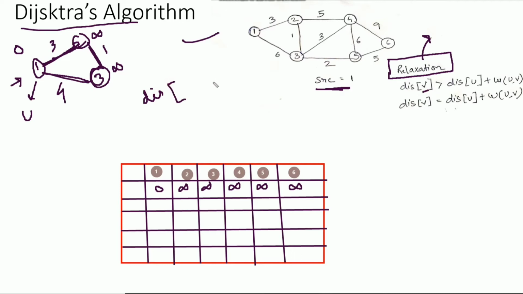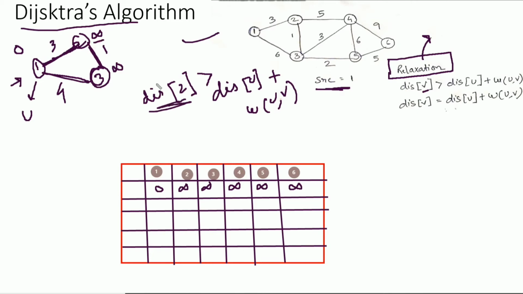V is 2. If the distance value of vertex 2 is greater than the distance value of the source or the current vertex u plus the weight associated between u and v, that is the weight of the edge joining vertex u and v. So distance of vertex 2 is what? It's infinity.